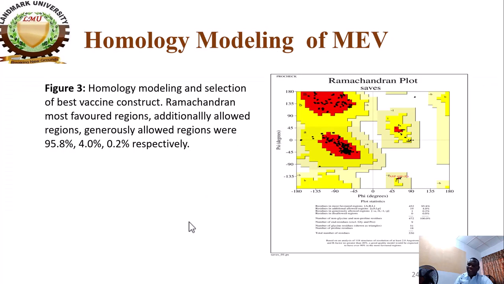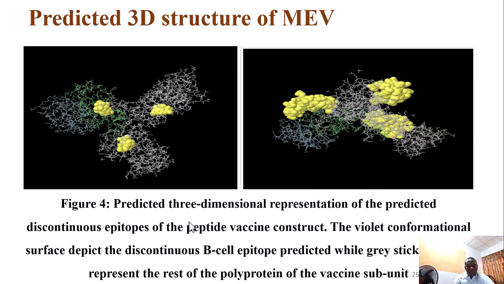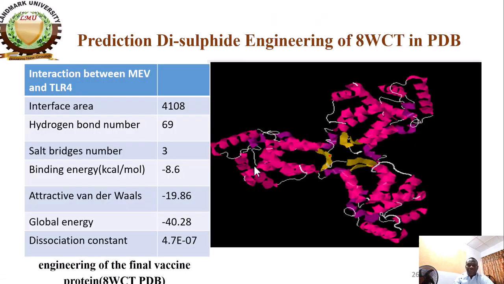And this is the result of the homology modeling, with Ramachandran plots, which allowed 95.8% to be within the allowable region, and the three-dimensional structure, that is the tertiary structure, was predicted as displayed by the board.